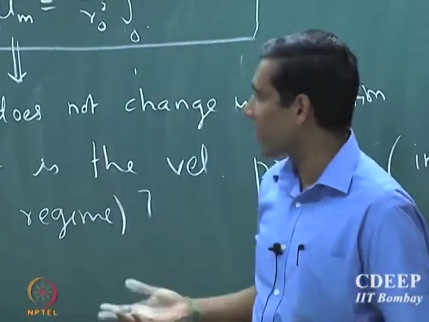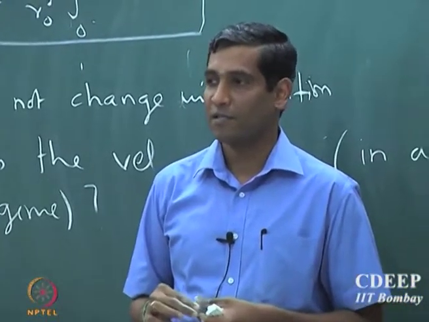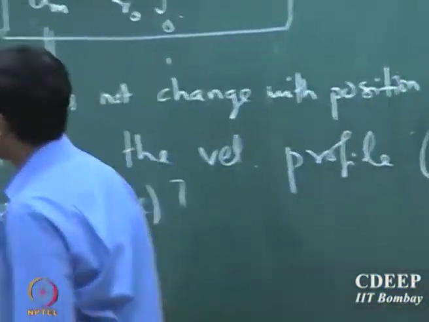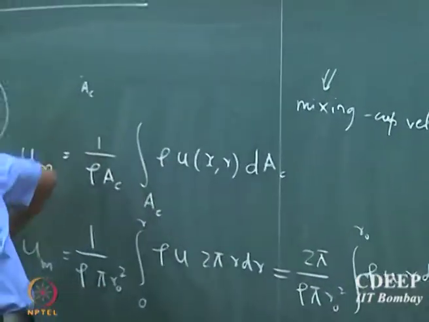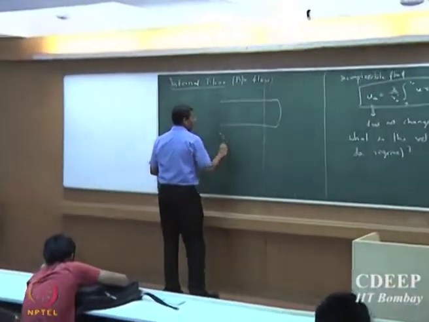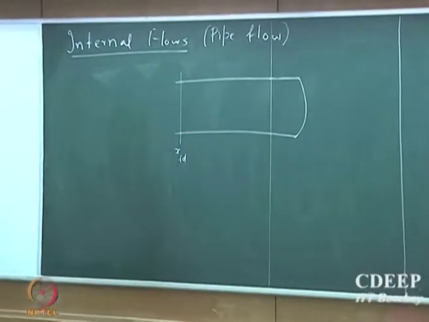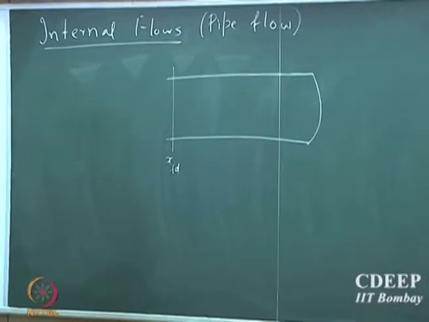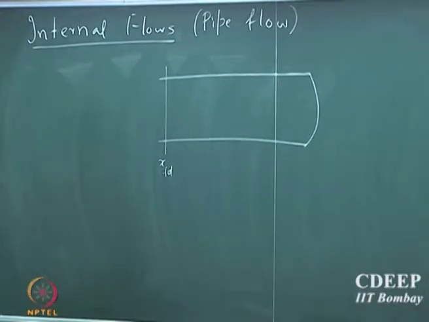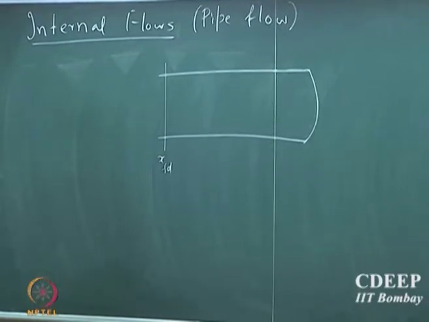What are the forces that are acting in a fully developed regime? Let's draw a pipe. So suppose this is my fully developed regime. What are the forces that are acting on the fluid particles in the fully developed regime? Pressure and viscous forces, right? So if I can make a balance between the two, I am done.